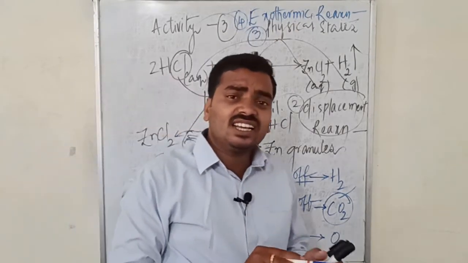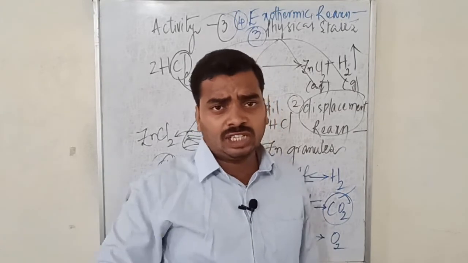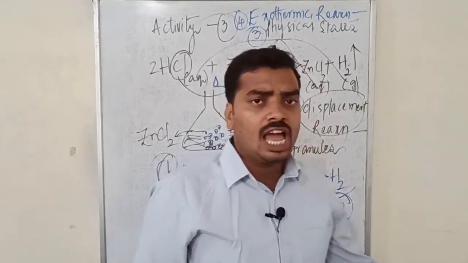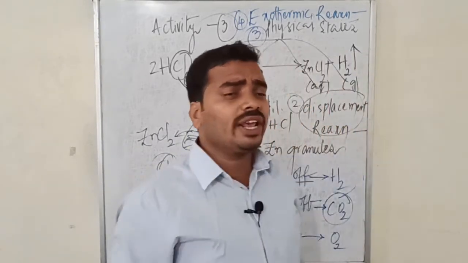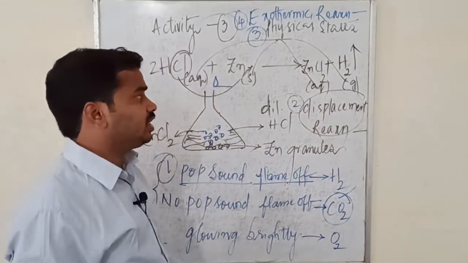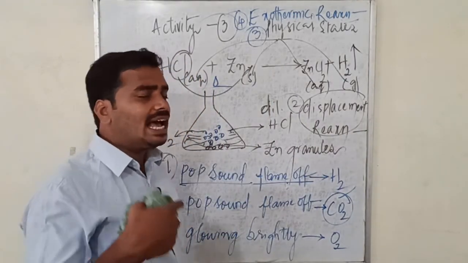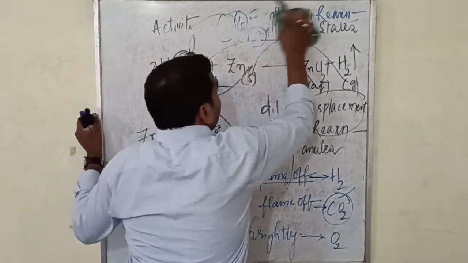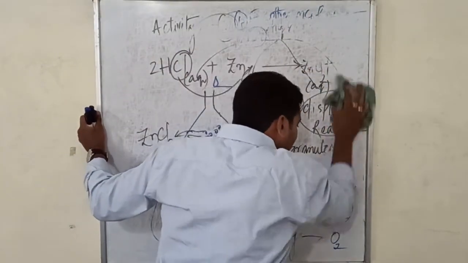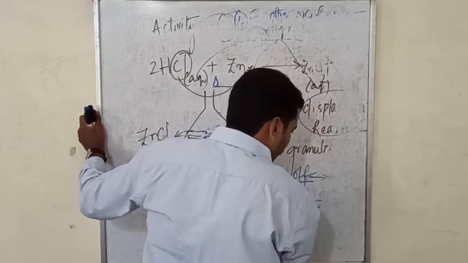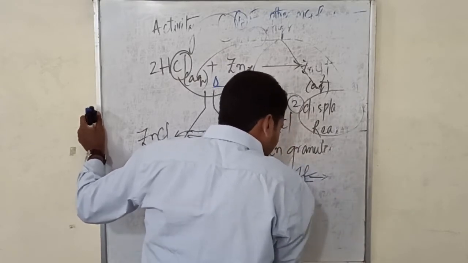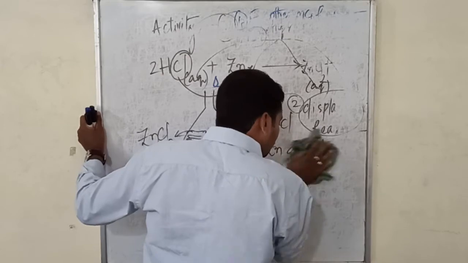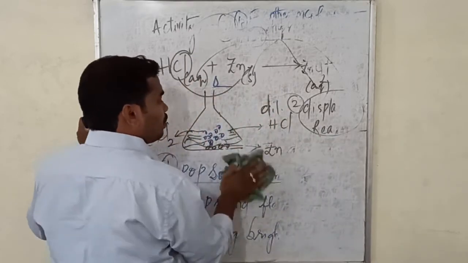So we have discussed examples for combination, double displacement, and I am going to say one more example for one type of reaction. This is not mentioned in your textbook, whereas it is mentioned in CBSE textbook, NCERT textbook. Decomposition reaction. There are different types of decomposition reaction. As decomposition itself says that breaking down the compound into two or more compounds.